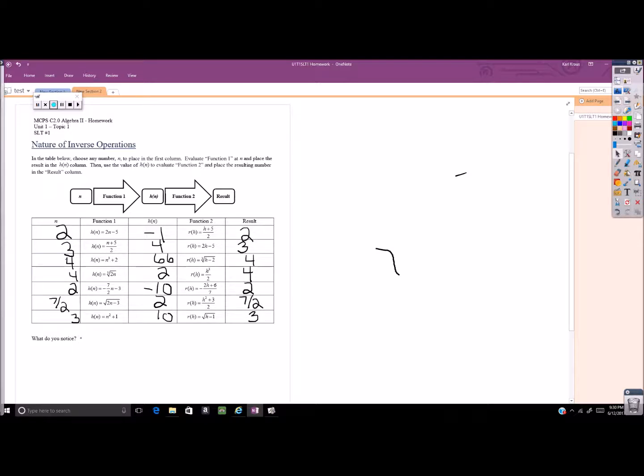So what's going on? What do I notice here? That the input to function 1 becomes the output to function 2.